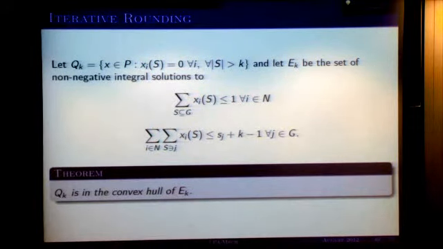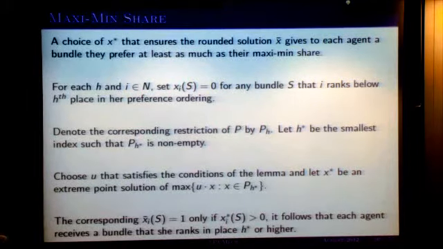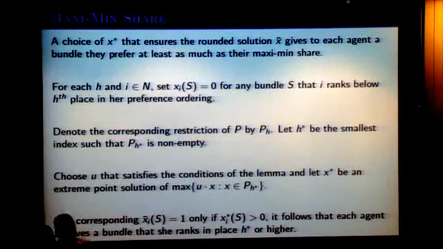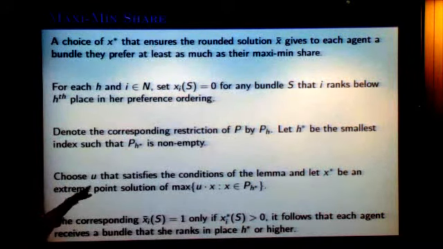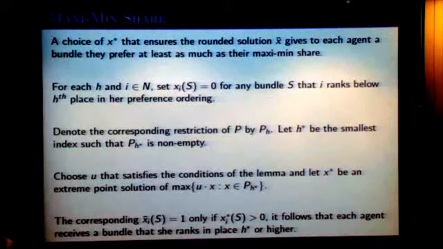So now let me close with some simple things you can do. Suppose you wish to allocate the object so as to satisfy what's known as max-min share. So you want a choice that ensures that the rounded solution gives each agent a bundle they prefer at least as much as their max-min share. How do you do this? Fix an H, and throw away any bundle that an agent ranks below H place in her preference ordering.